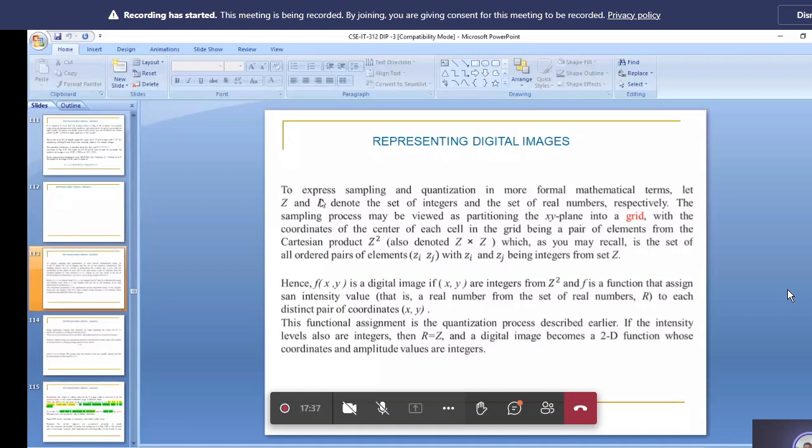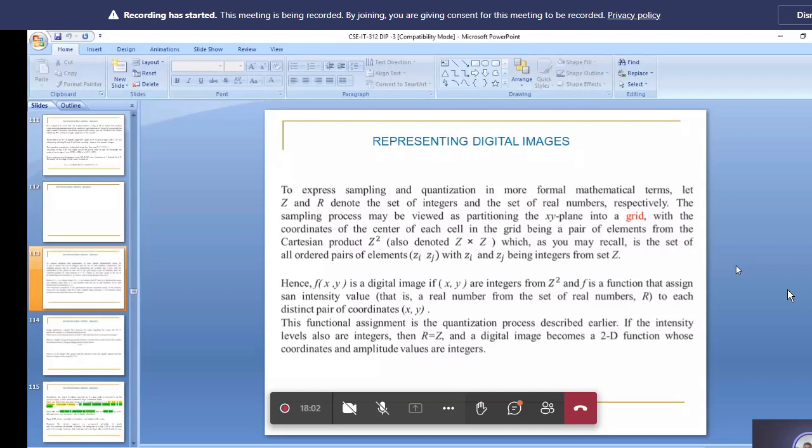So we have partitioned the XY plane into a number of grids. Okay, and the coordinates of the center of each cell in the grid are a pair of elements. Now these are from the Cartesian product Z square.